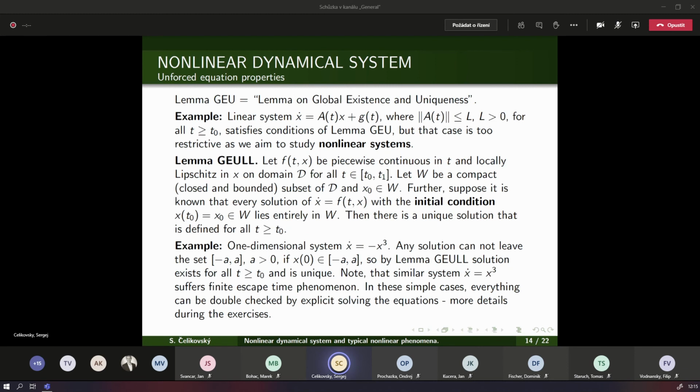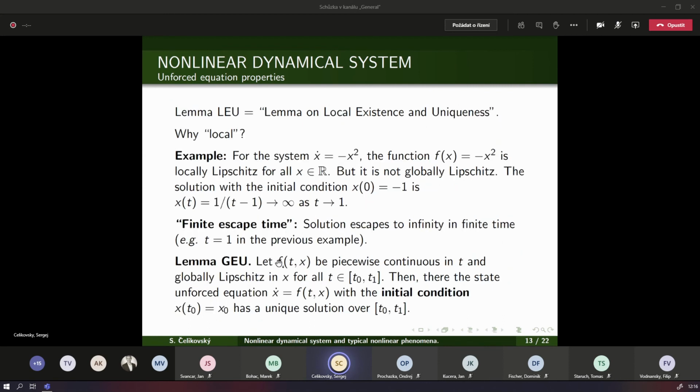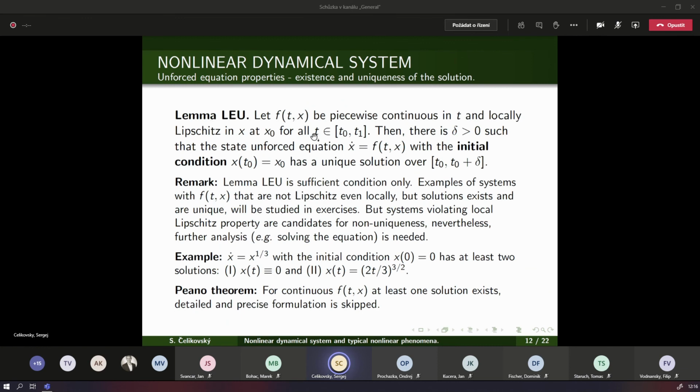So again, the lesson or message is that when you receive a test question, tell me if this system has a solution that can be extended on the whole time interval or not, or it has finite time escape, then you cannot rely on this lemma.